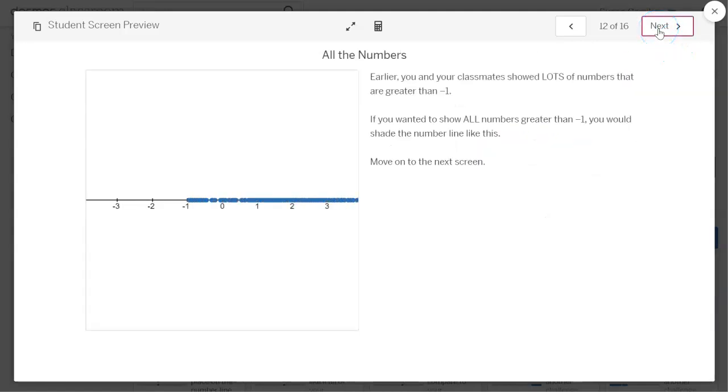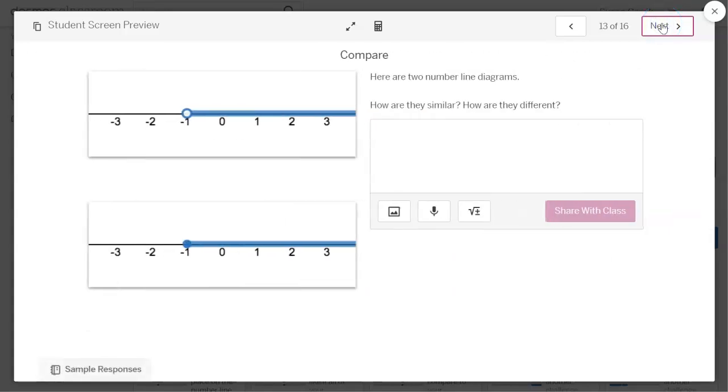Now, putting these points together, we will create a more formal representation of the solution set for this inequality, and then we'll have a number line graph like this. Now, we have seen this before when we were doing domain and range and piecewise equations.